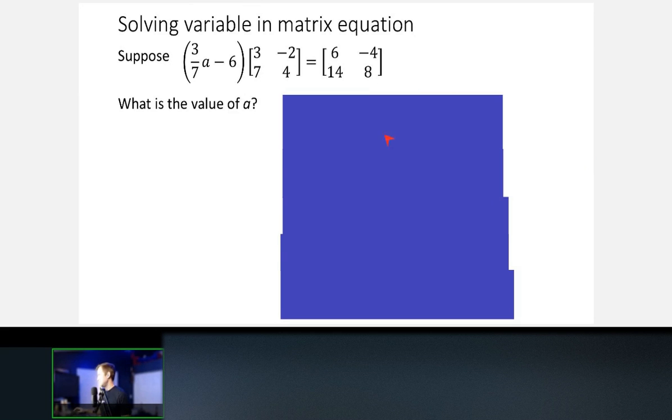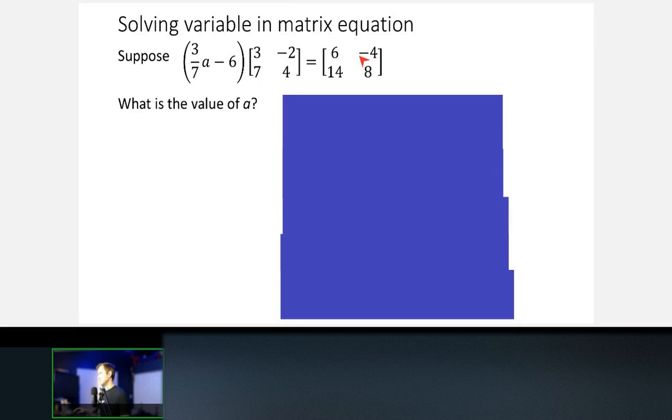So let me have you look at this. We have a scalar times a matrix equals a matrix, right? We need whatever number in here times this matrix to give us this. And you may have noticed that these elements are just double, right?